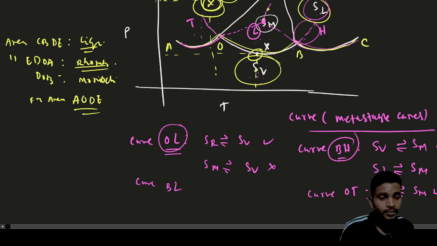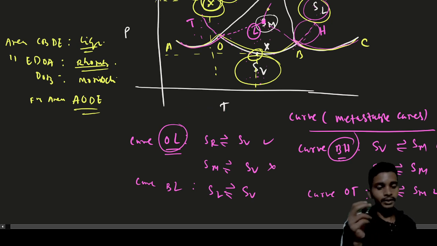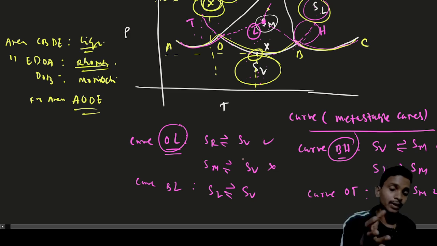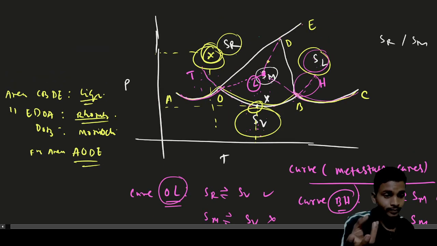So BC is in equilibrium with SL and SB, so this also comes to be SL by SB. Okay, so if you calculate, the phase number P also comes to be 2 and components comes to be 1, and whenever you calculate F, then also it comes to be 1. So the same as the curve, they will calculate the same. You can calculate it, and you will get the same value.